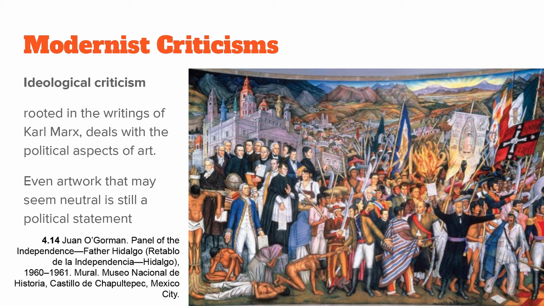Juan O'Gorman is a muralist. In the tradition of Mexican art, murals play a very strong component, not only in visual art, but in where it's displayed and what it means to display it. This is an image about Mexico's independence.